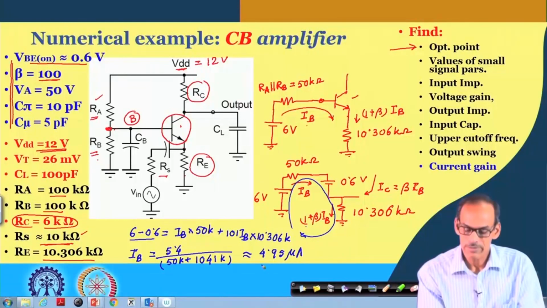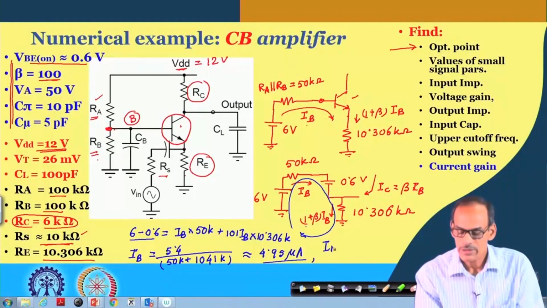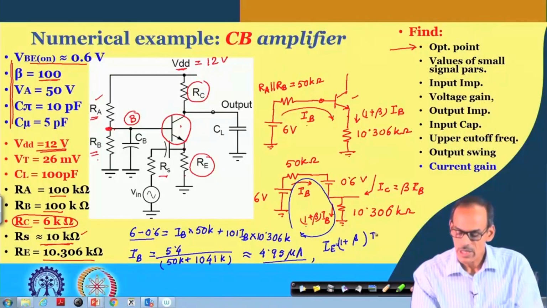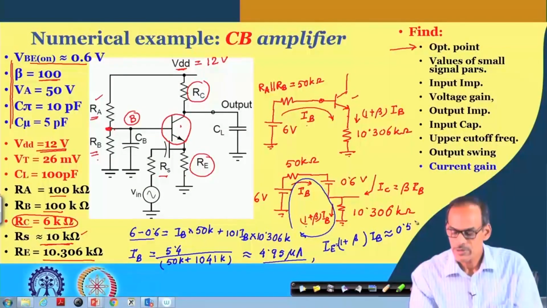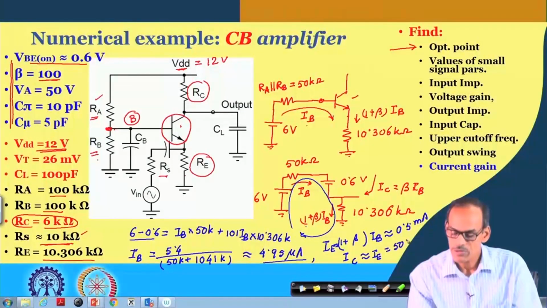Now, if I multiply this base current with beta, I can get the collector current, and the emitter current is of course 1 plus beta into this I B. That gives us very close to 0.5 milliampere. In fact, for simplicity, the collector current also we can consider the same as the emitter current, and that is 0.5 milliampere.